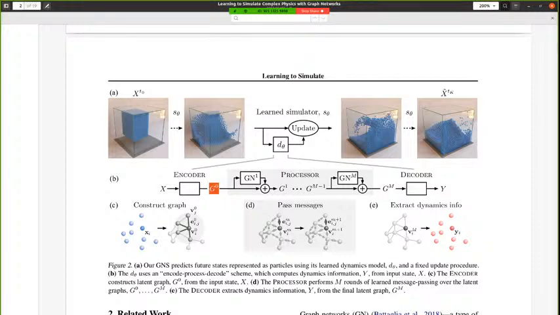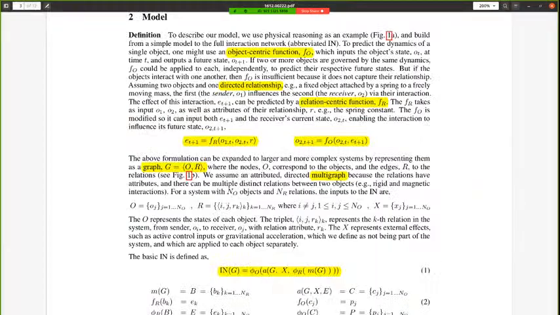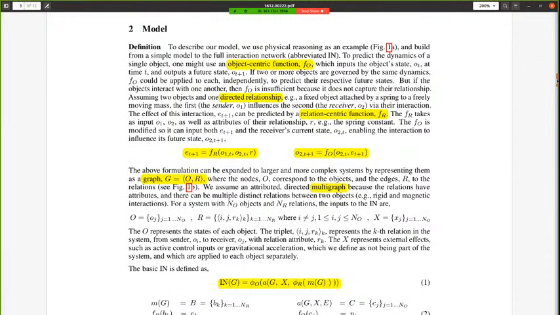If I may quickly switch papers. This is one of the papers that we will be covering very shortly, that we had in the email as additional reading. This is the one that actually introduces the kind of network that does the update step on the graph, the processor.